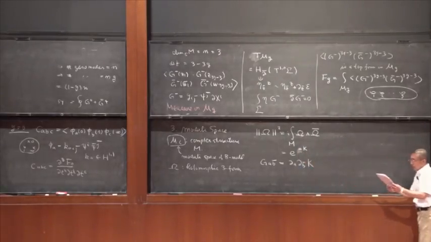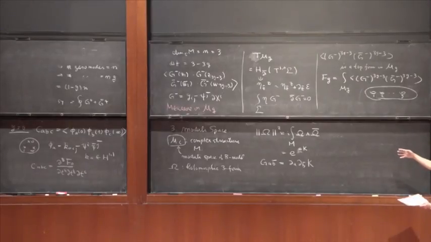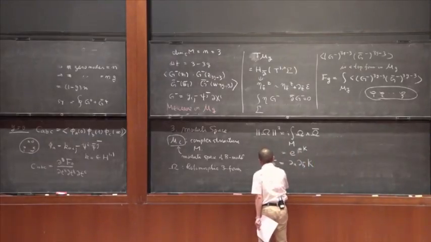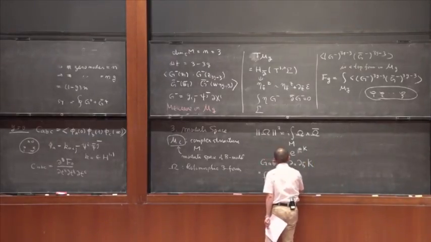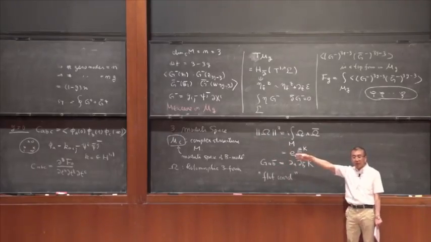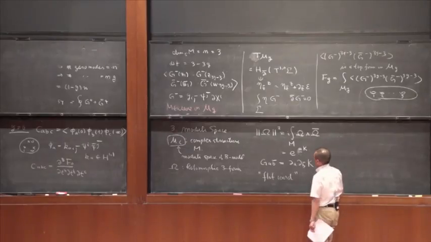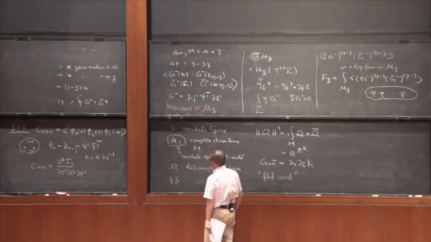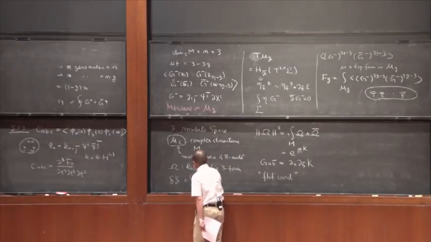Okay? When we're discussing moduli space, it's particularly useful to introduce what is called flat coordinates. These are the coordinates that naturally appear in the sigma model perturbation. Yesterday, we talked about deforming the worldsheet sigma model action by adding a perturbation to it.